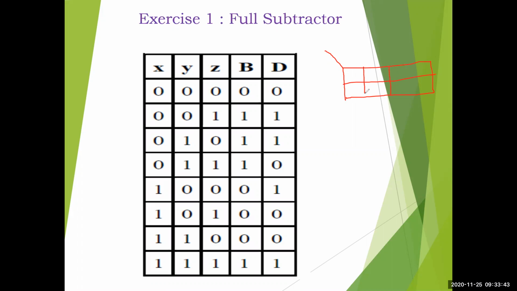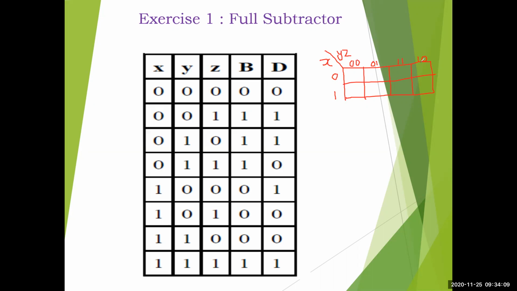Hope you are noting down. So difference and borrow. This is a new design, that's why I told you. On this side I will have one variable, I will consider x. You can take it any way, you can take a vertical K-map also, you will get the same result. So for one variable I have two combinations, 0 and 1. So here I will have 0 0, 0 1, and then 1 1, and then 1 0.